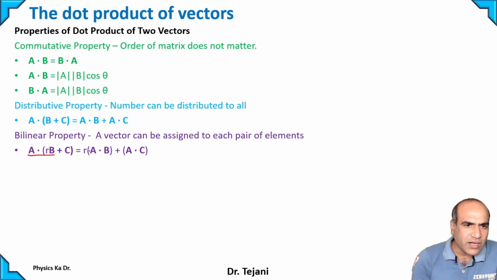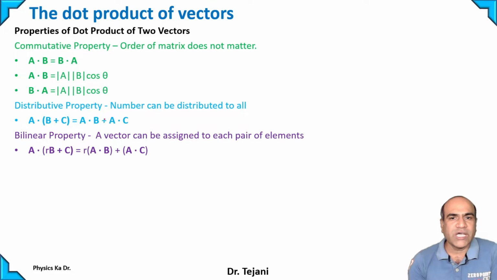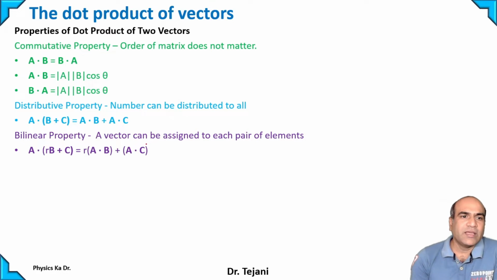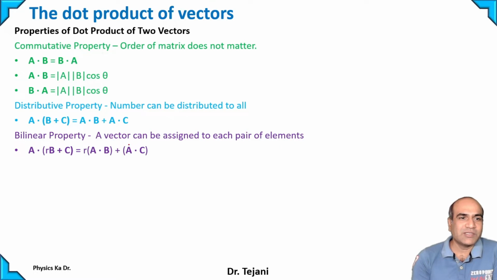So you can take R outside, that is okay, and it gives A dot B. The distributive property will work here, A dot C. And scalar you can take outside, or if the scalar is inside, then also there isn't any issue. So you can move scalar in the case of a bilinear property. It is a bilinear property. I think I mispronounced it; that is known as bilinear property.